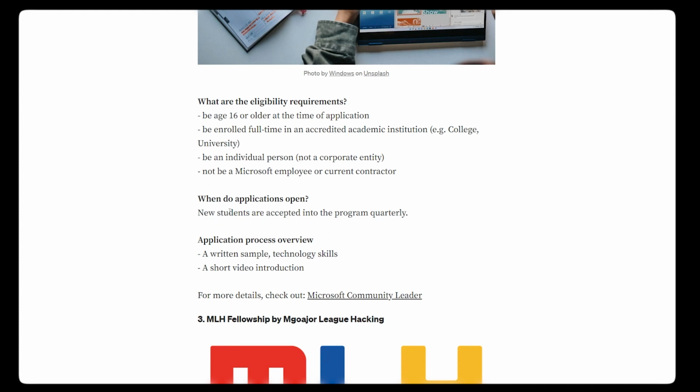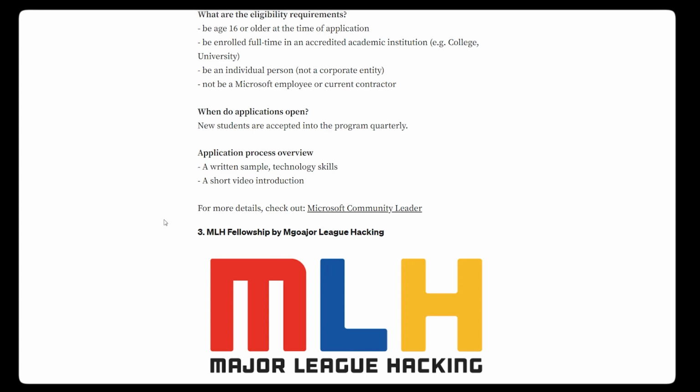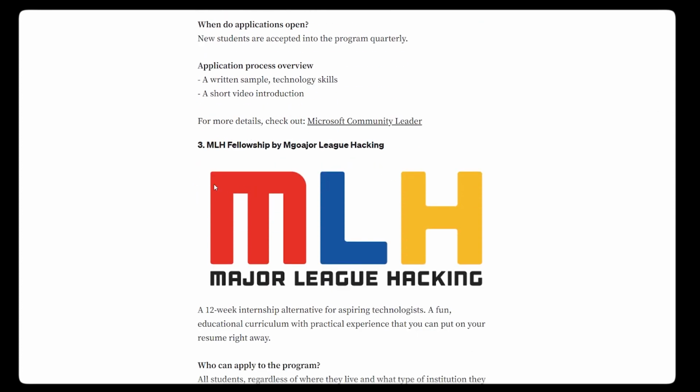Applications are open the complete year, but quarterly your profile and submission will be checked, and you will get feedback on whether you are selected or not. You also have to record a sample video on why you are a good fit for the Microsoft Student Ambassador position.